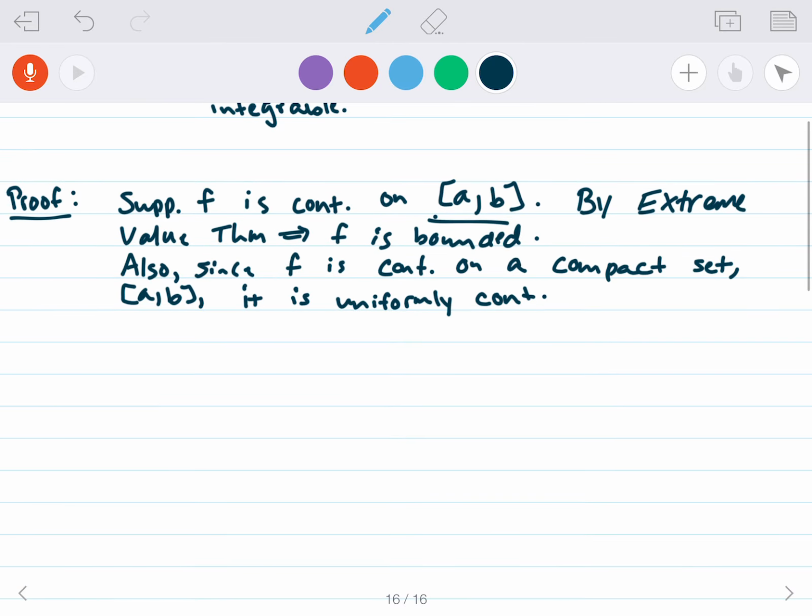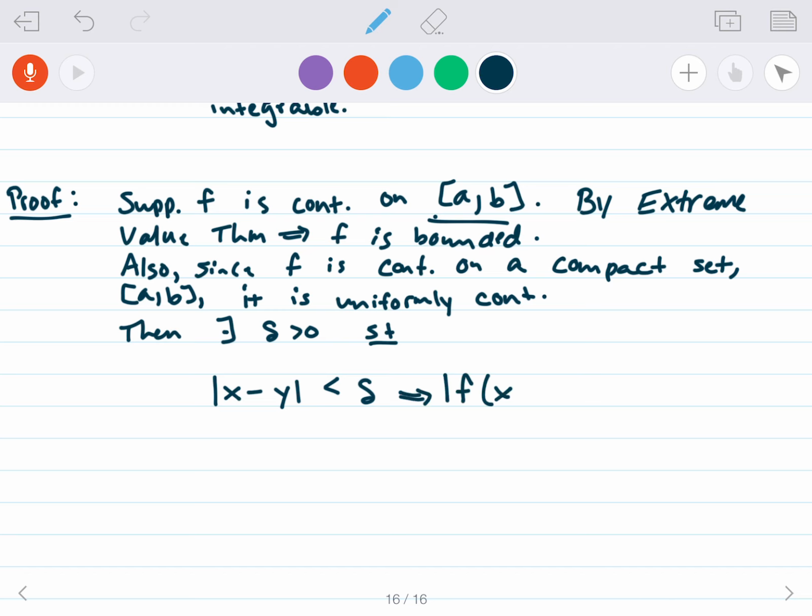So what does it mean to be uniformly continuous? Then there exists some positive delta such that when the difference between x and y in this interval [a, b] is less than delta, this is going to imply that the difference f(x) minus f(y) is going to be less than epsilon for every epsilon.